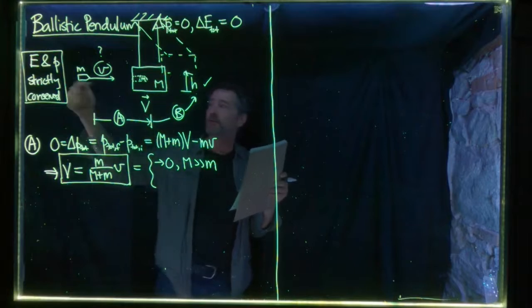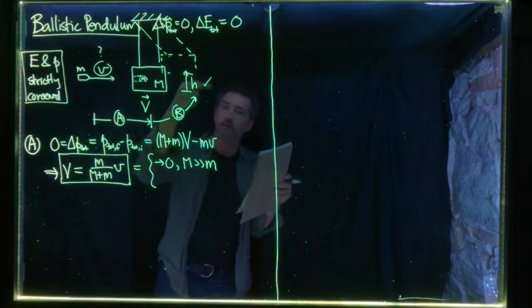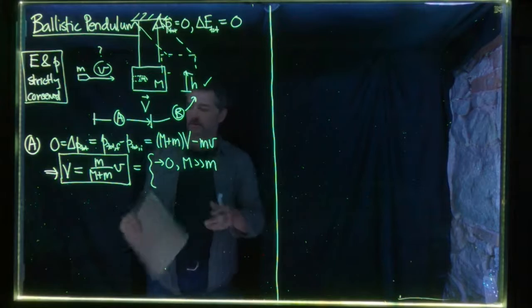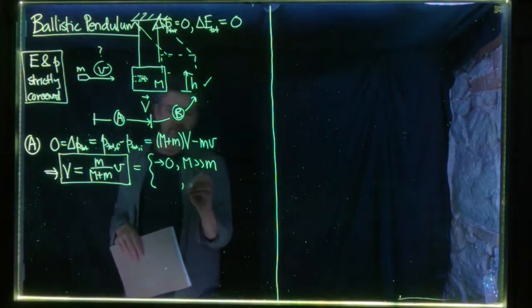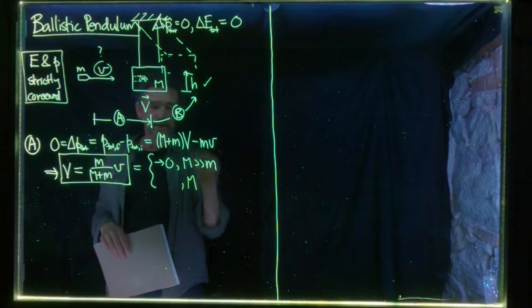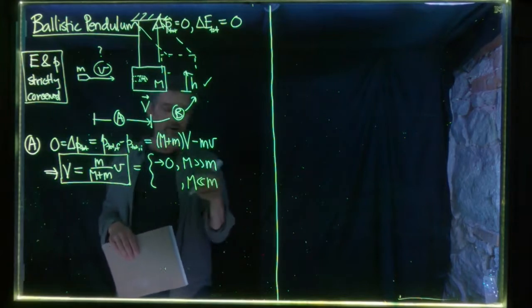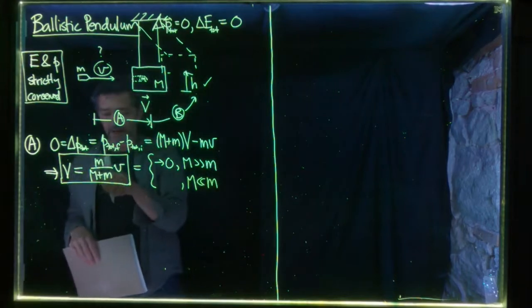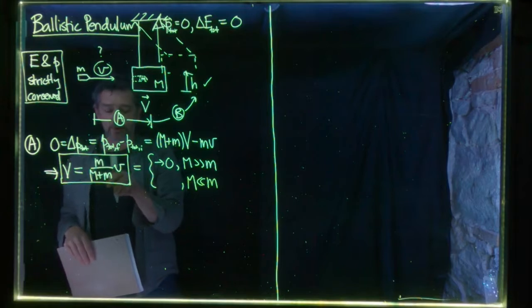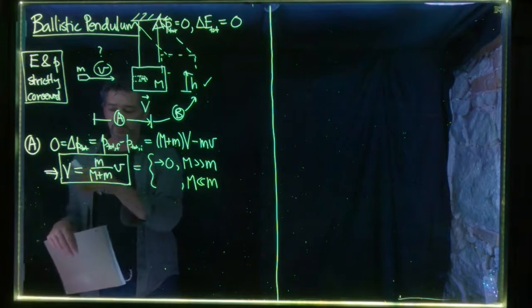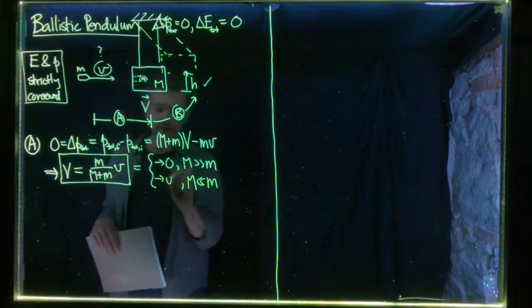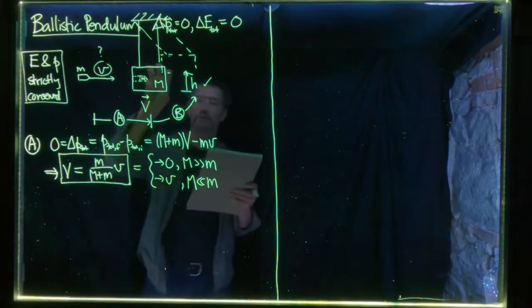Well then obviously that bullet's going to lodge in there, and the whole thing will be moving at the same speed. So in the other limit, where the block has very small mass compared to the bullet, then this big M is negligible compared to little m. You can drop it out in the denominator, and it's little m over little m, that's 1. So big V approaches little v in the case that this block is very, very small mass.